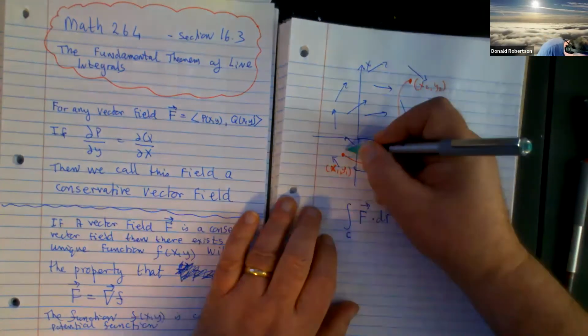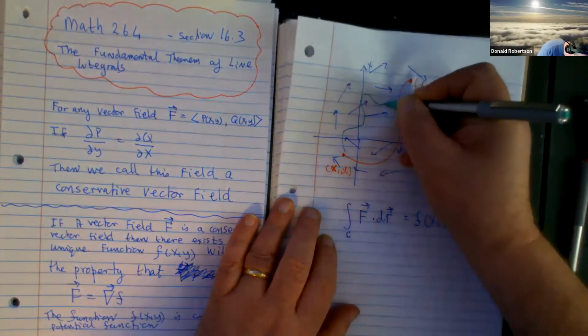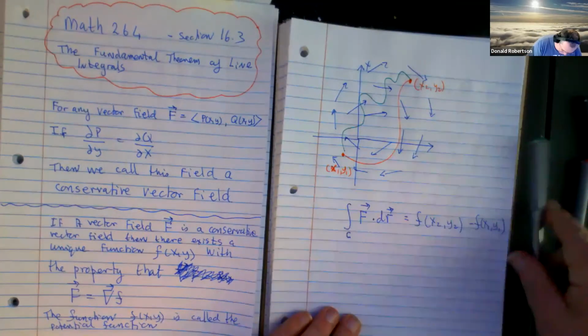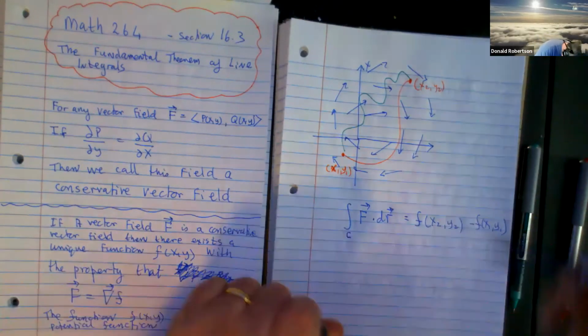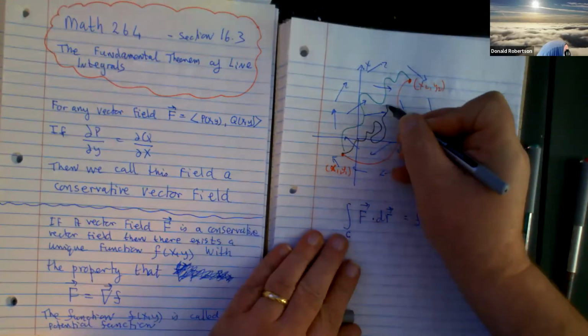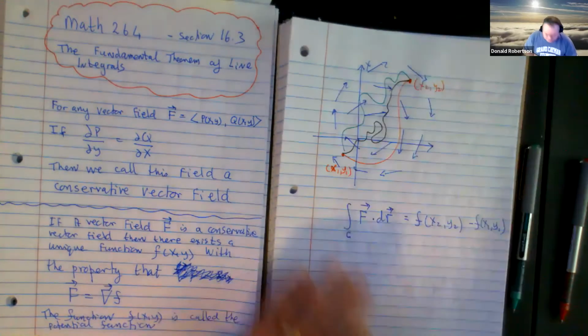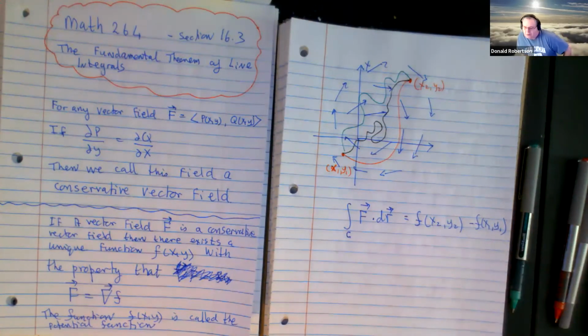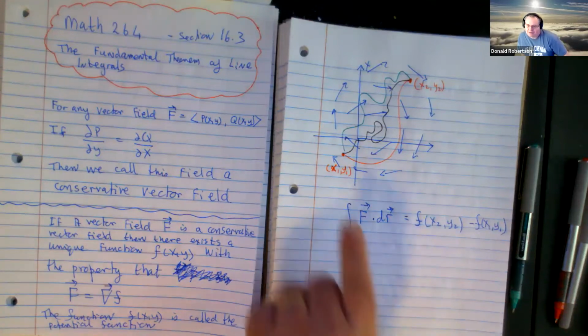It could be a curve that went this road. And it could be, I'm going to show the colors here, a curve that did all sorts of weird stuff. The fundamental theorem of line integrals says it doesn't matter what path you take to get from here to here.